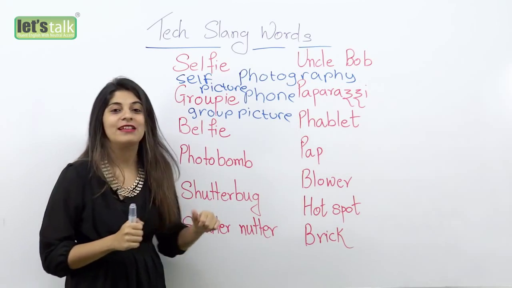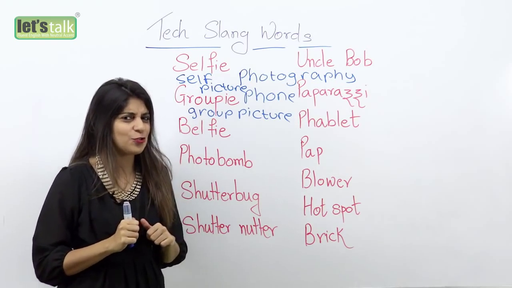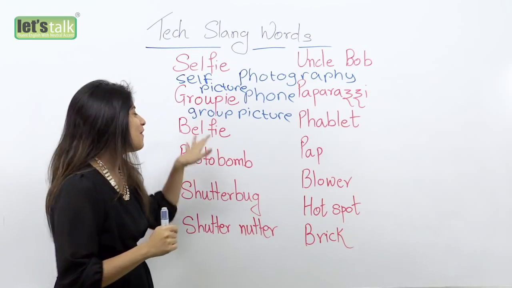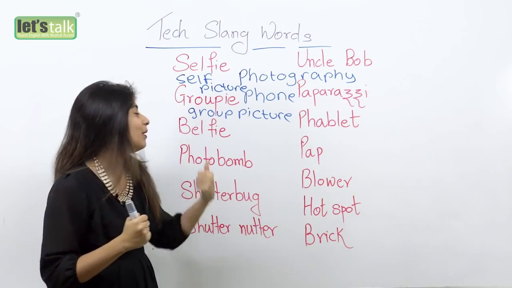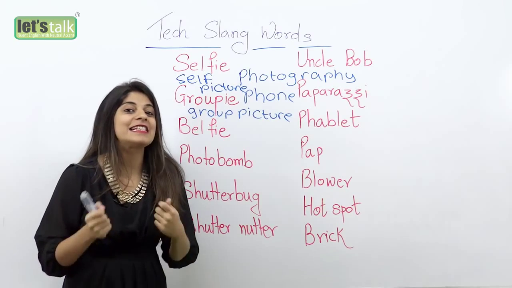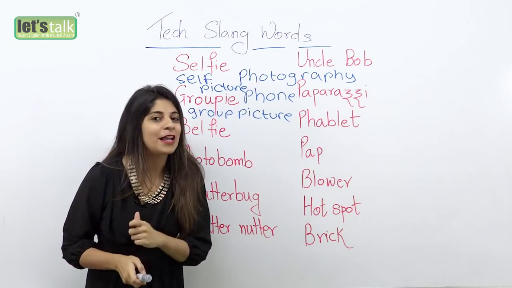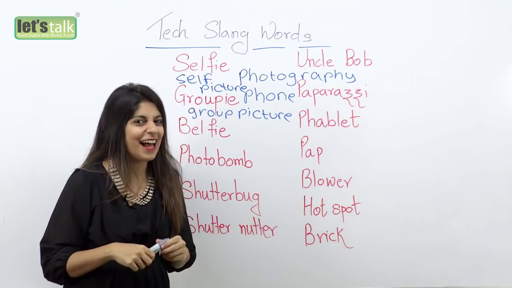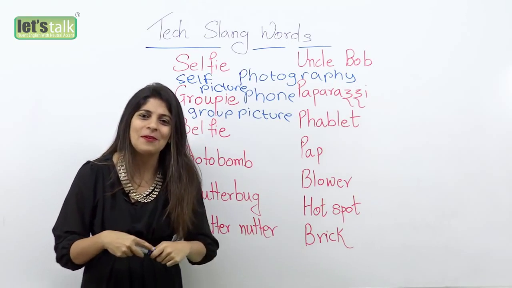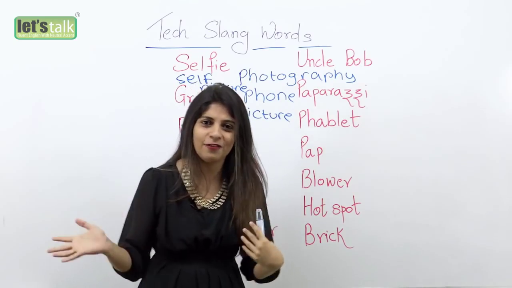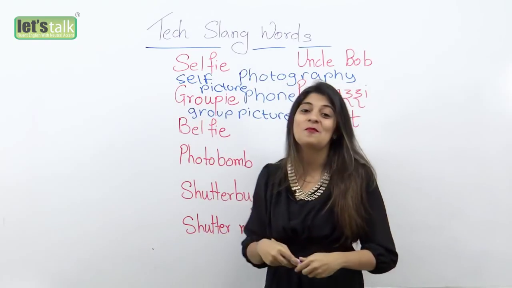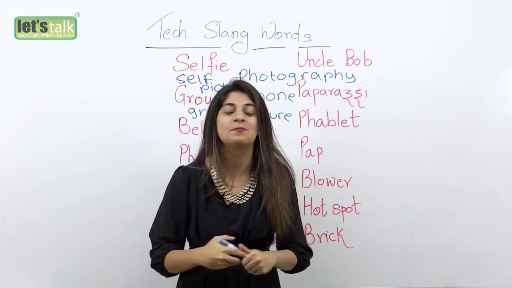Another word over here is belfie. Strange. Have you ever heard this before? Well, it has a very funny meaning to it. Belfie means, again, a self-picture, but a self-picture not of yourself, but of your buttocks. That is funny. Are there people around who really take a belfie? Well, apparently, yes, and that's exactly the reason why we have a word here, belfie.